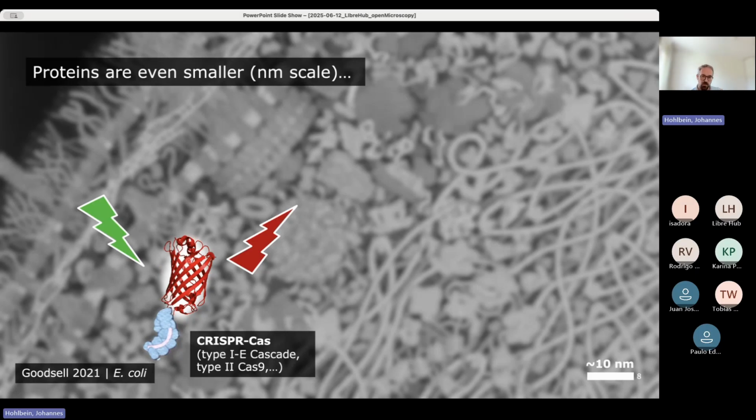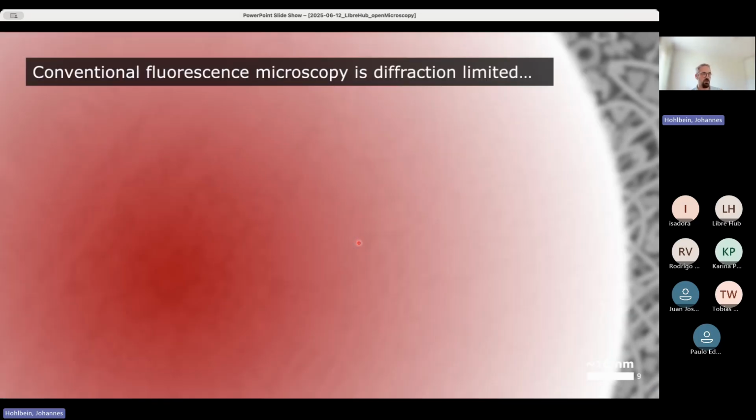And even though the protein you would like to study is on the scale of roughly 10 nanometers, the issue is that fluorescence microscopy is diffraction limited. So instead of seeing the protein, you see a spot that is a lot larger than the protein itself. And the question is, how can we now get back from that large red blob into a region that is small enough to tell us something about the protein or its movement?